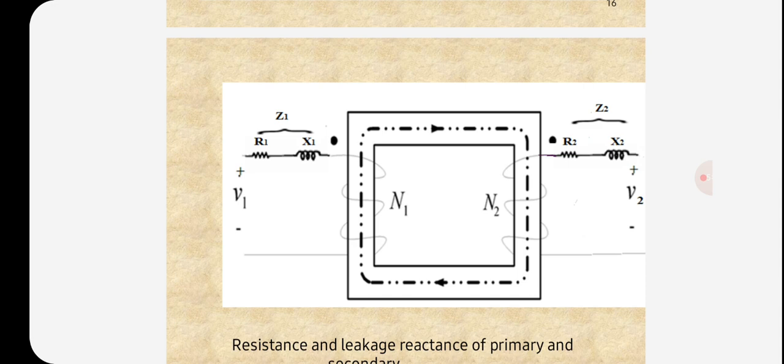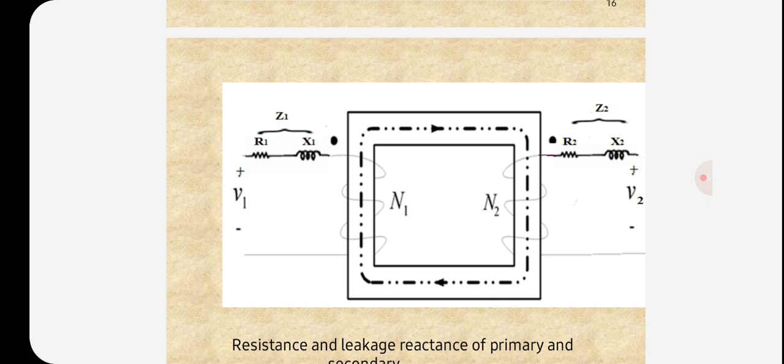The resistance R1 causes a resistive drop of I1 R1 and the reactance X1 causes a reactive drop of I1 X1 in the primary winding. Similarly, the resistance R2 causes a resistive drop of I2 R2 and the reactance X2 causes a reactive drop of I2 X2 in the secondary winding.